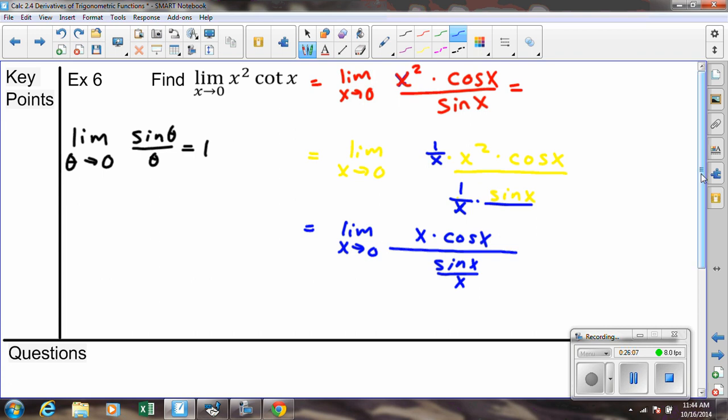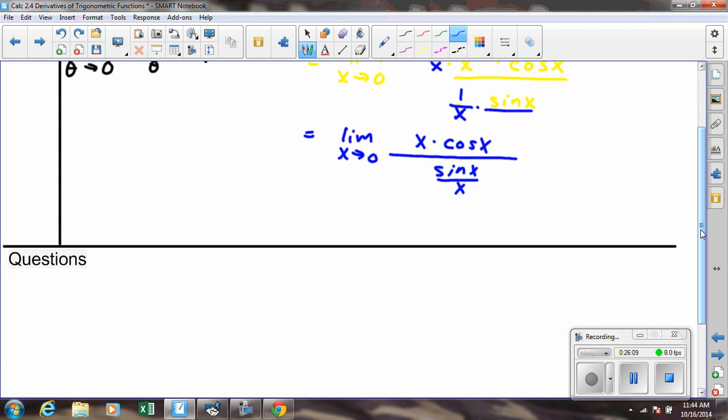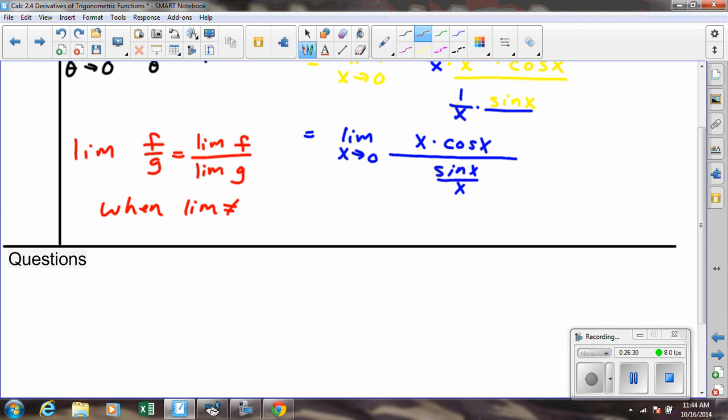So why is this helpful? Because we have a rule that says if you want to take the limit of a quotient, you are allowed to split it up into two limits, but you're only allowed to do this when the limit of your denominator, the limit of g, is not 0.